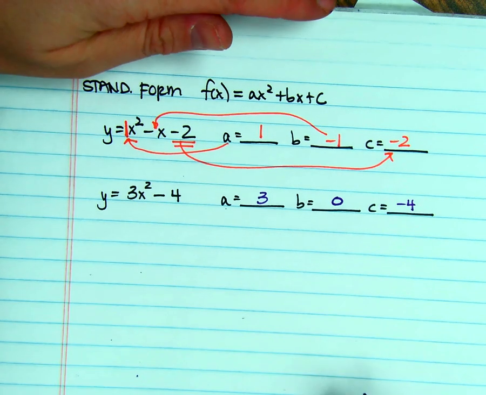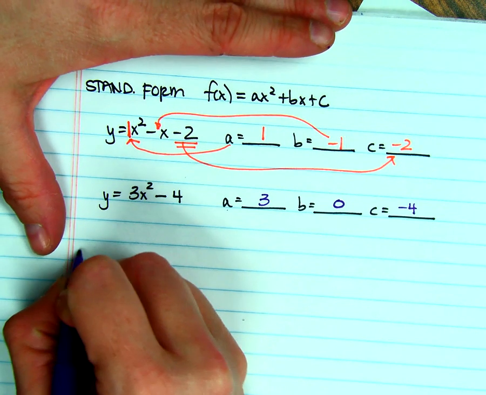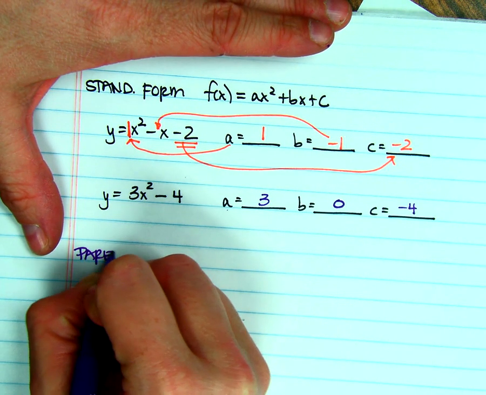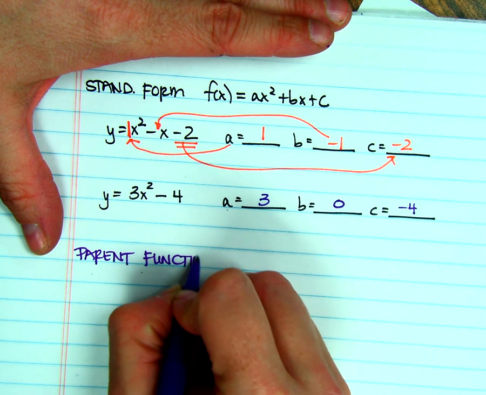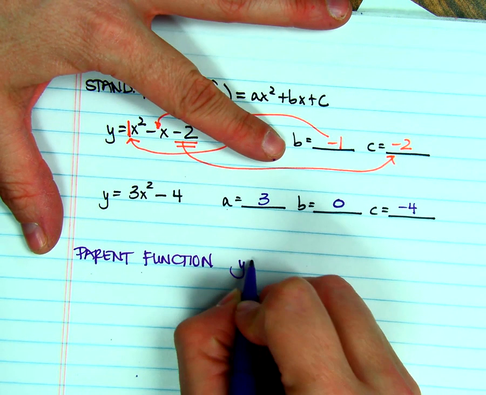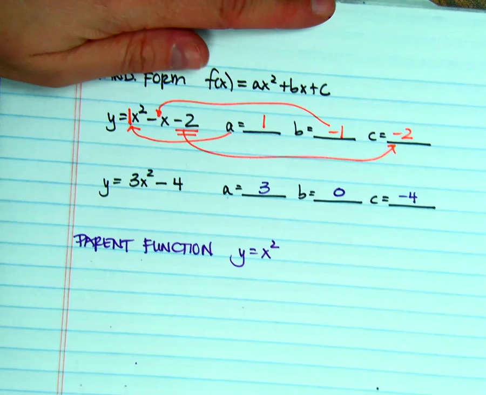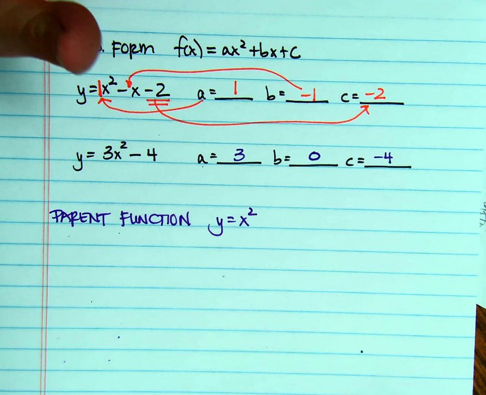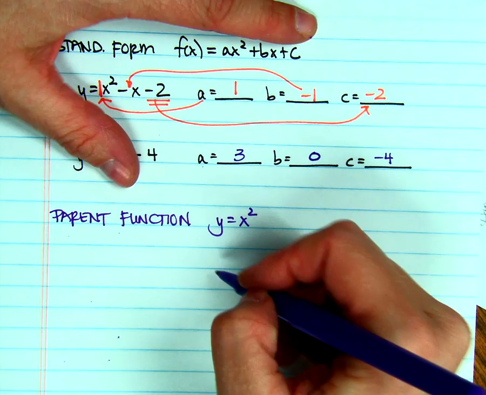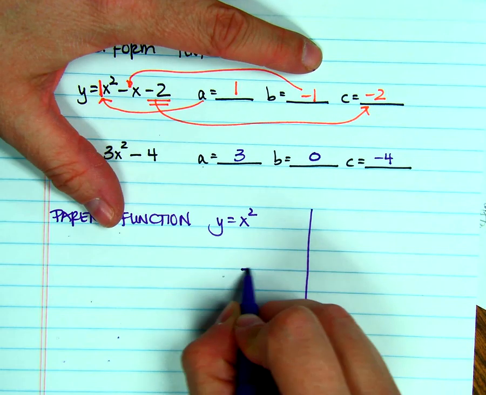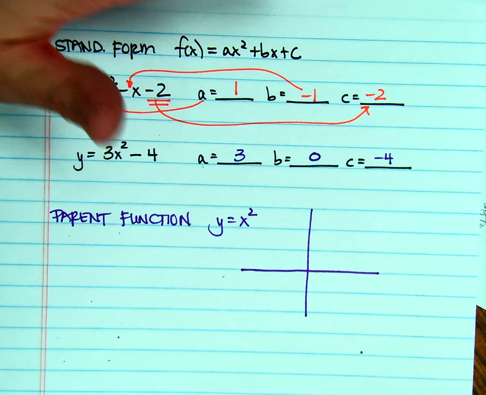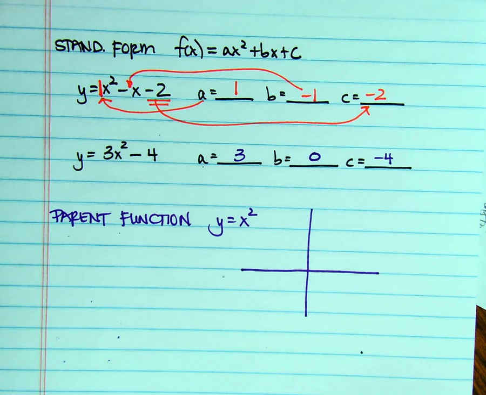Where we're going to start is we have what is called the parent function. And that is y equals x squared. We're going to start off graphing by using a table. So if we are graphing the parent function, what it means is that it is the basis for everything else.